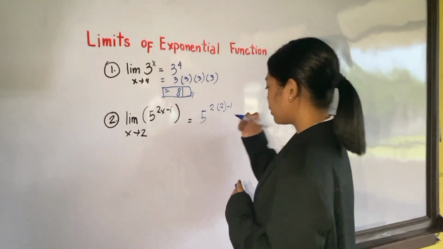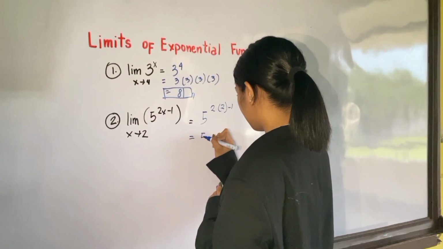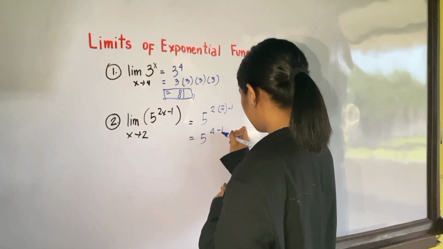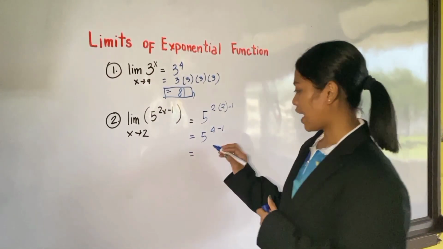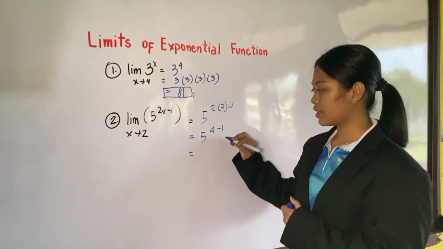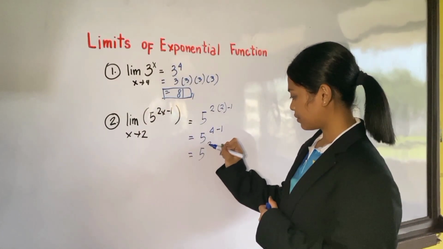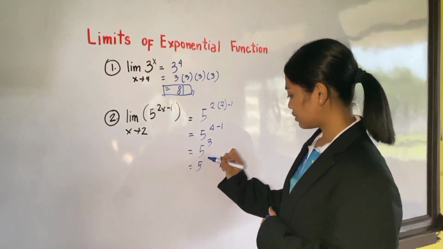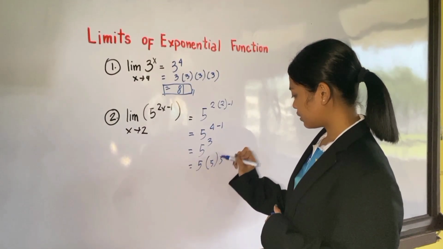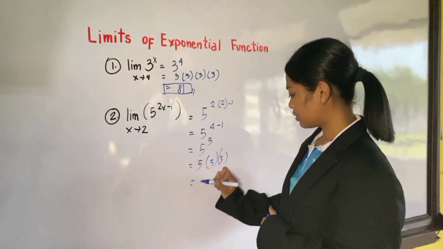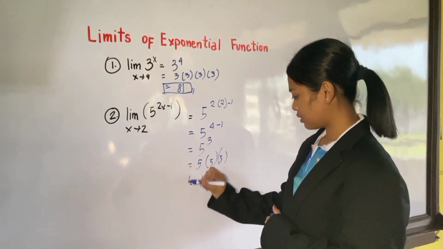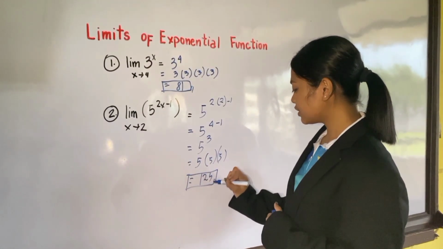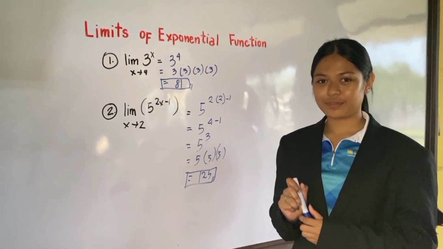So our equation would be 5 raised to 4 minus 1 is 3. 5 raised to 3 will be the answer will be 125.